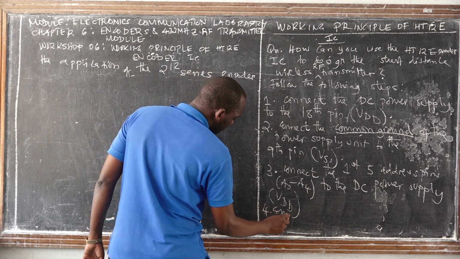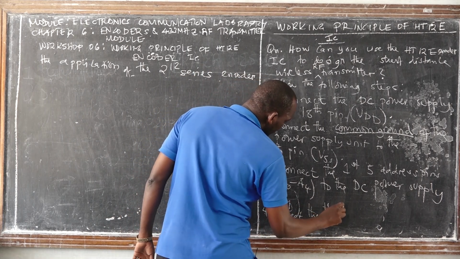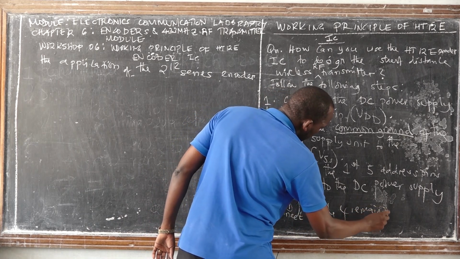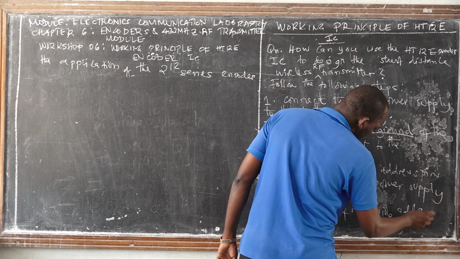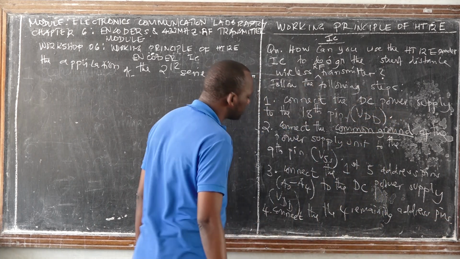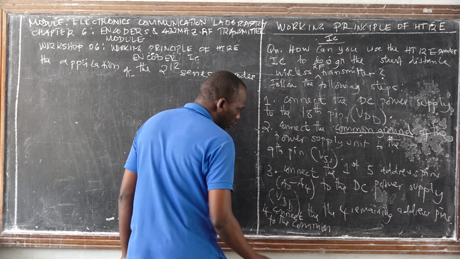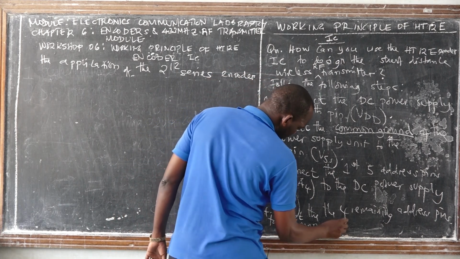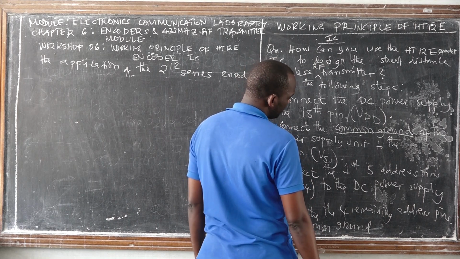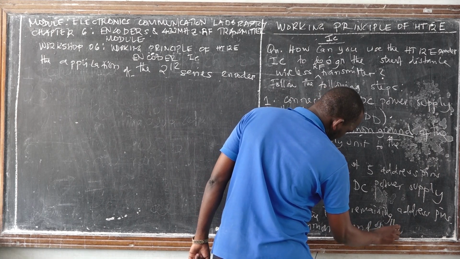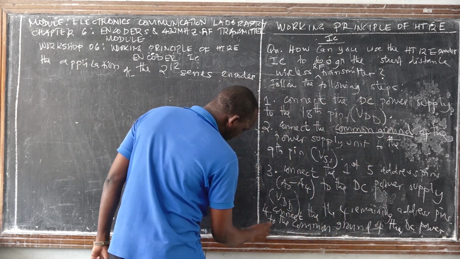The first step, we say that connecting the 4 remaining address pins to the common ground of the DC power supply.